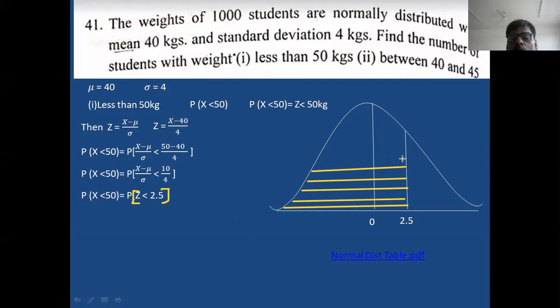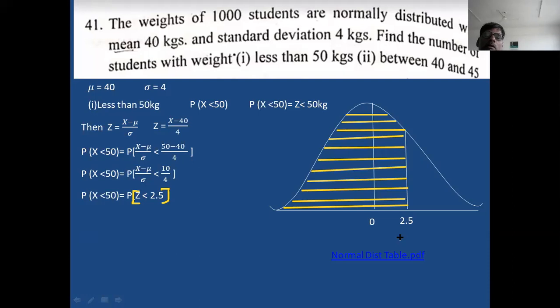You may put a cross line also. Okay, you remember this. This is less than 2.5.